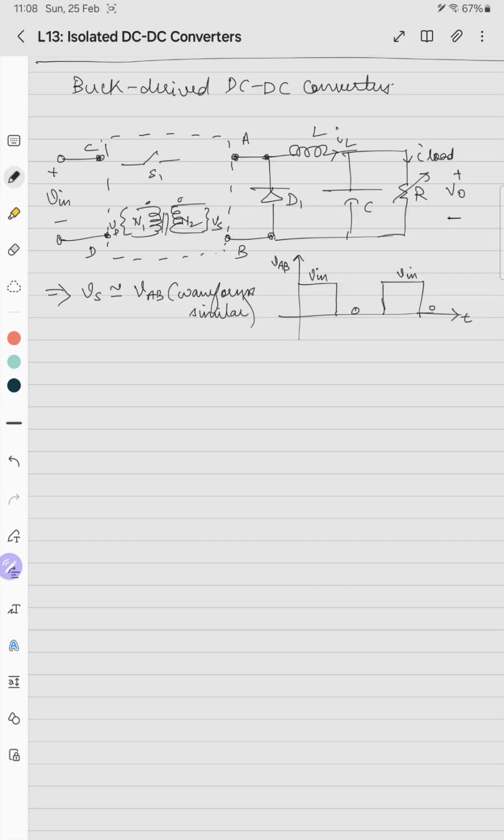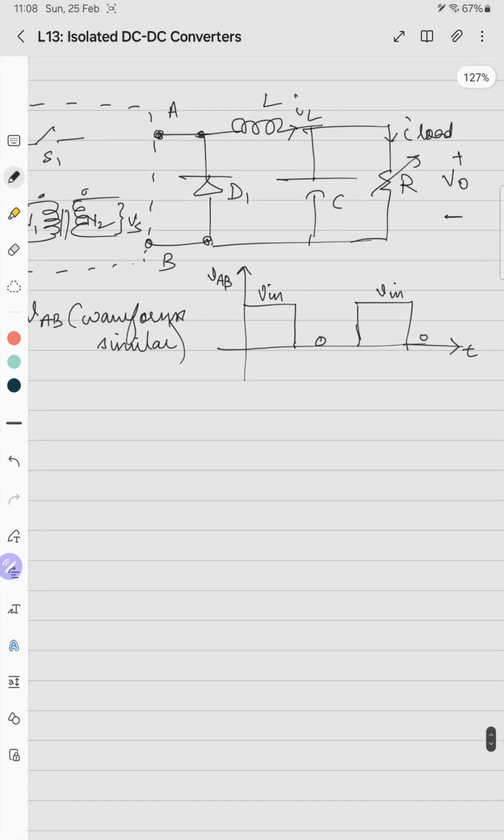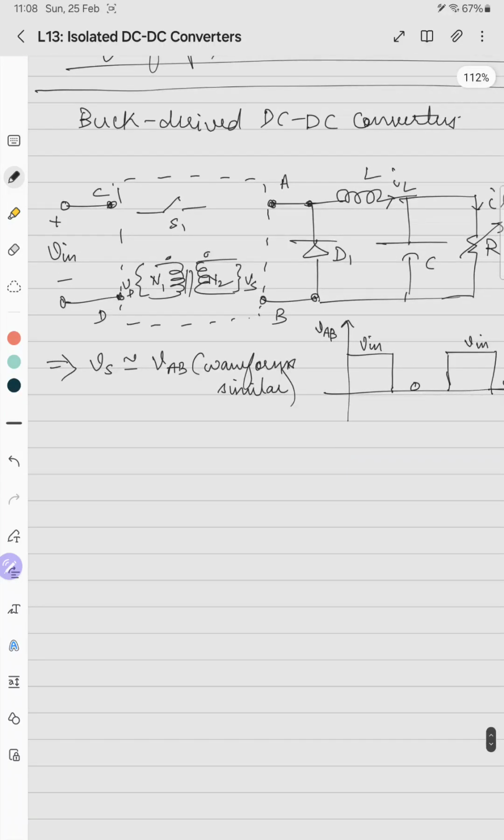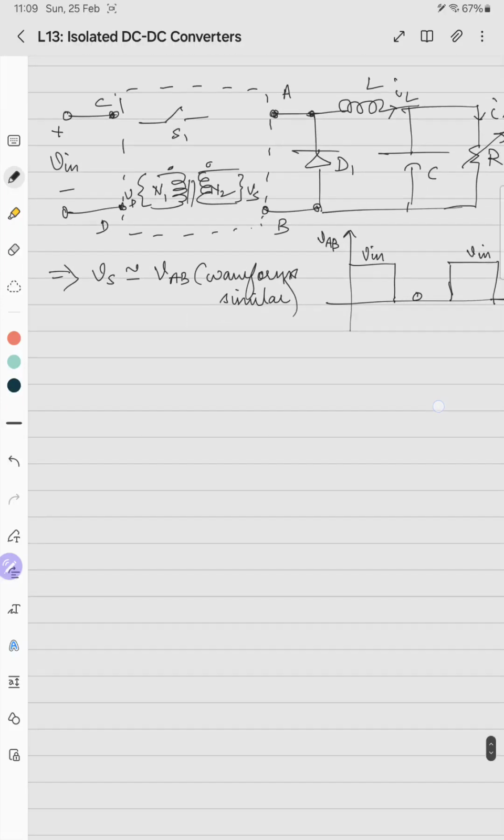So we integrate the switch S1 and the transformer in such a way that the secondary induced voltage of the transformer keeps the same waveform as VAB. We'll connect a switch in series with the primary of the transformer, and the secondary we'll directly connect, VS to VAB.